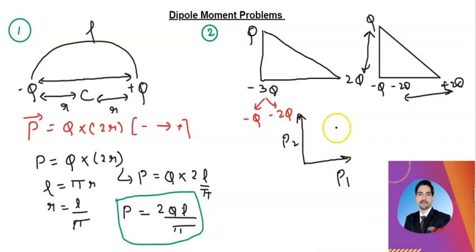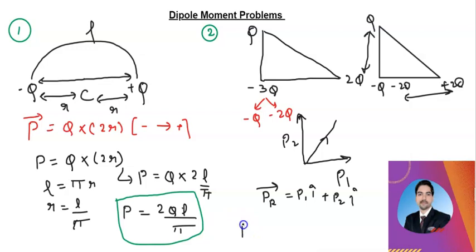So the resultant of these two will be this. You know very well how to calculate the resultant. PR, the resultant vector, is P1 i vector plus P2 j.